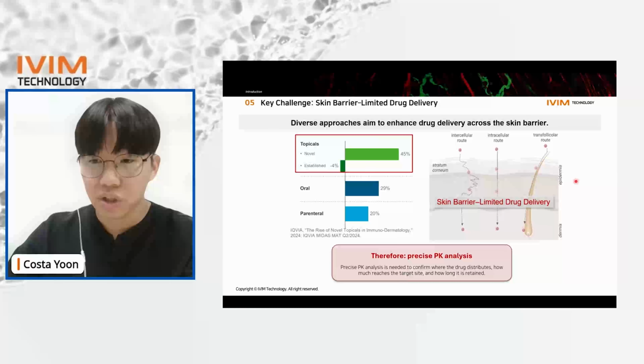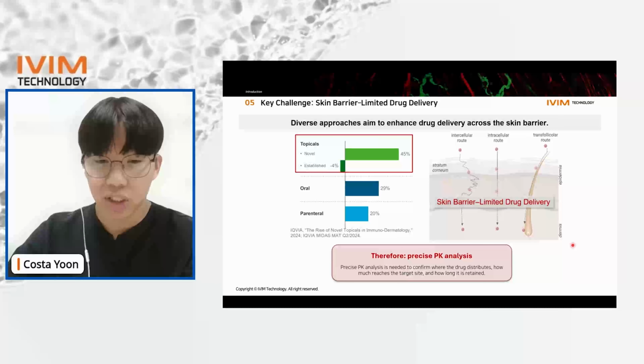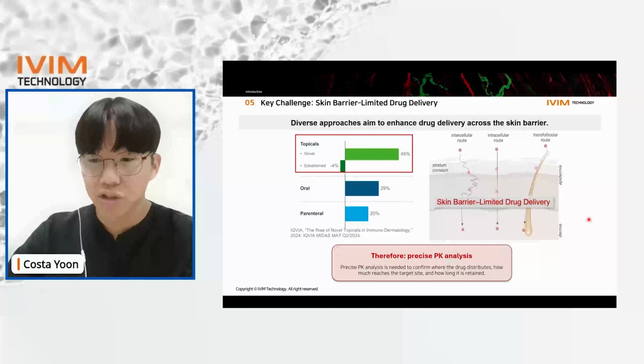However, the stratum corneum acts as a strong physical barrier, making it difficult for drugs to reach their target tissue, such as the dermis. To overcome this limitation, a variety of delivery strategies, including nanoparticles and penetration enhancers, are being actively explored.